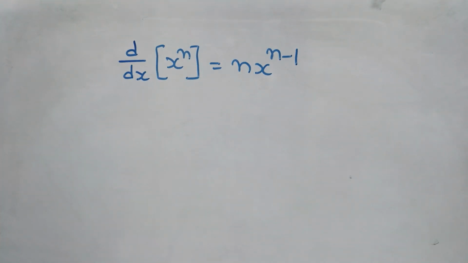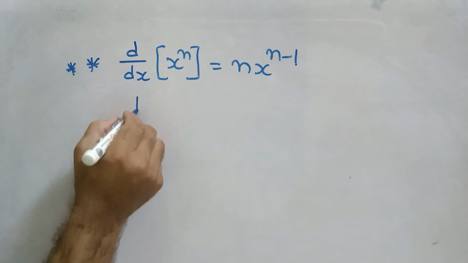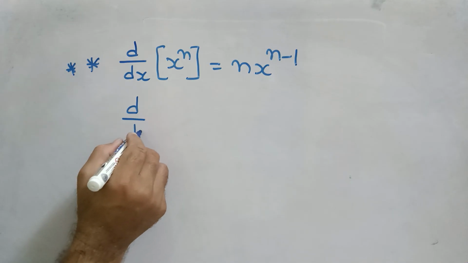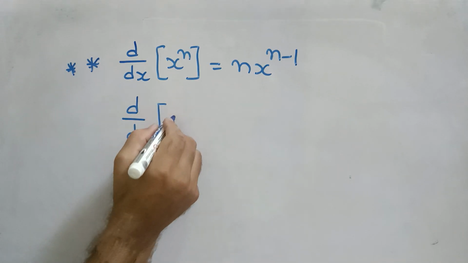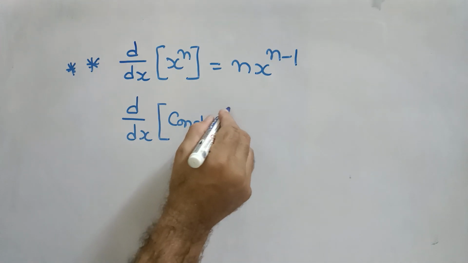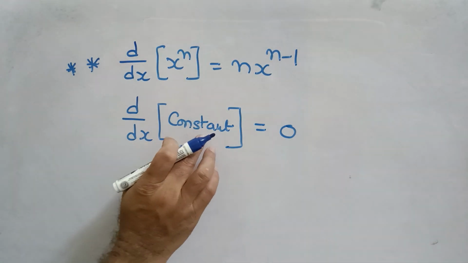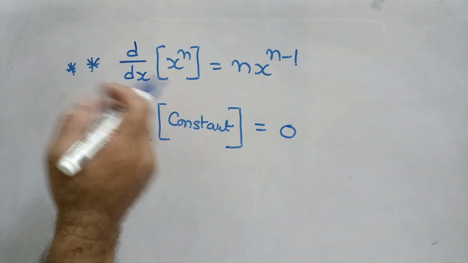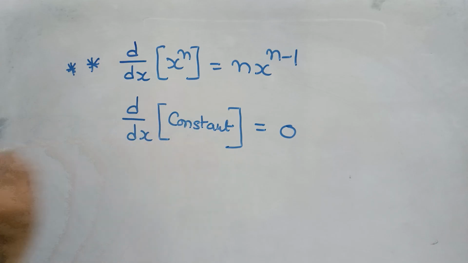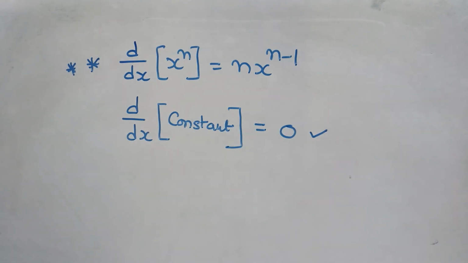You have to remember this formula. This is one of the important formulas. And then derivative of a constant: if you take any constant, maybe 10 or 1 or whatever, the derivative of the constant is 0, right?